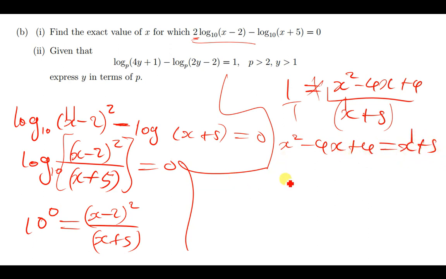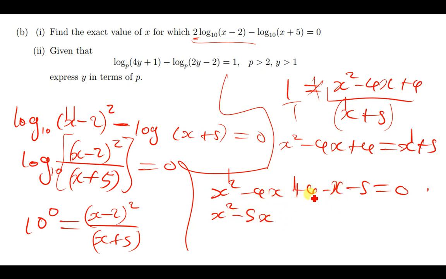Then we take everything to one side: x squared minus 4x plus 4 minus x minus 5 is equal to 0. So we have x squared, negative 4x and negative x giving negative 5x, and 4 minus 5 giving negative 1, equal to 0.